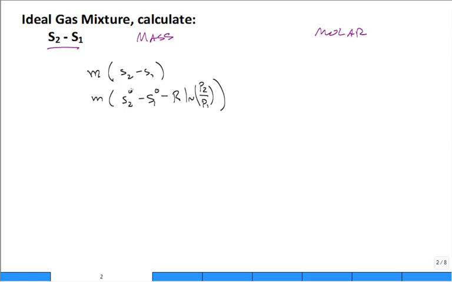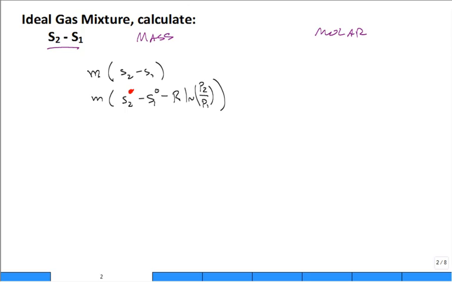Okay, what was the naught on this S indicating? Low pressure. It's like these are at the same low pressure, and this accounts for the change in pressure, the pressure effects on the entropy. Okay, all right.